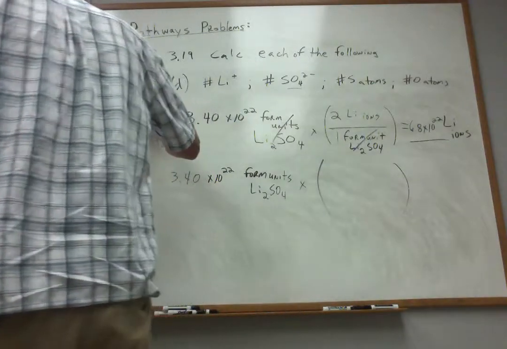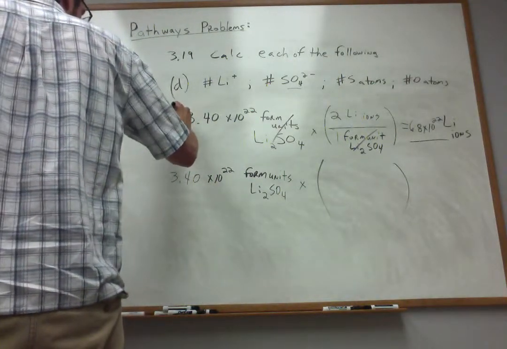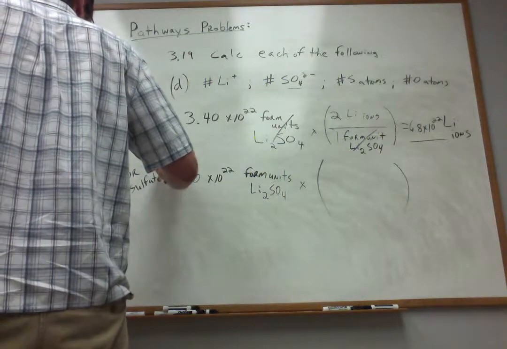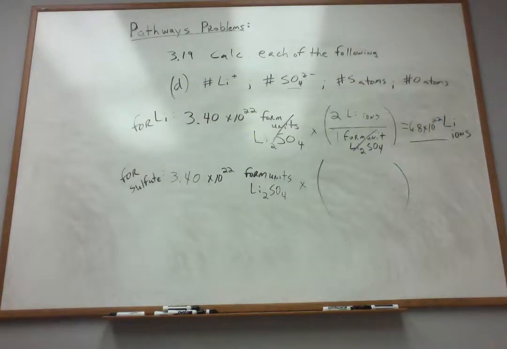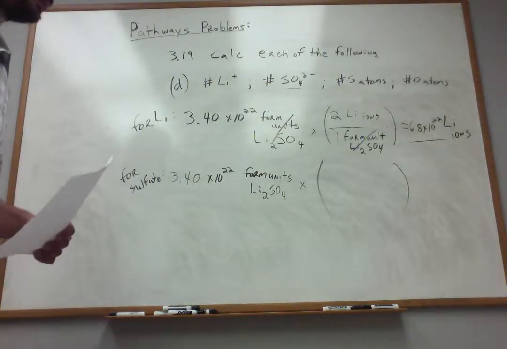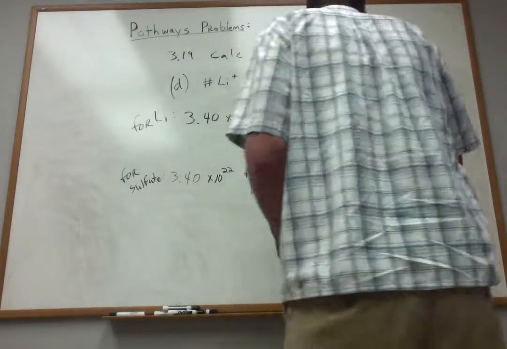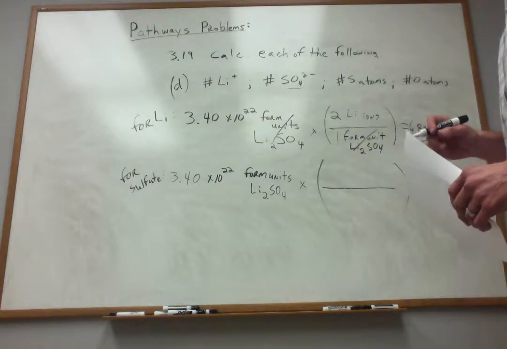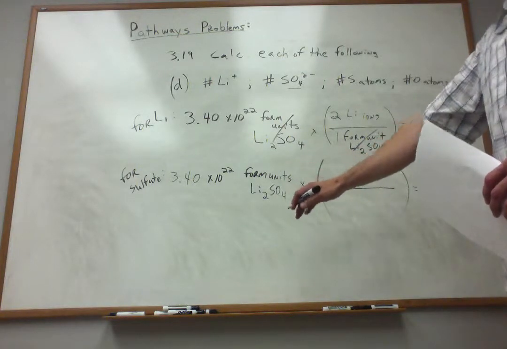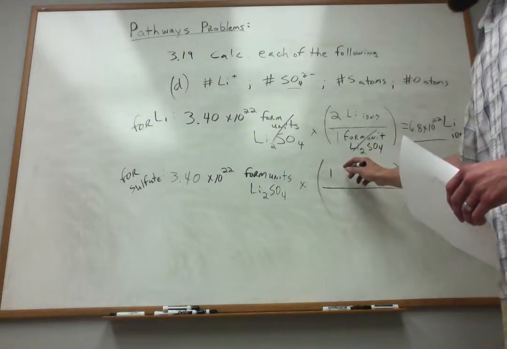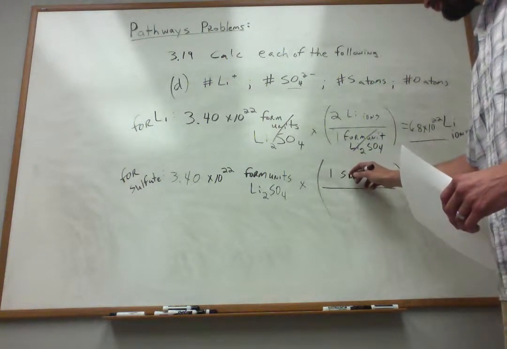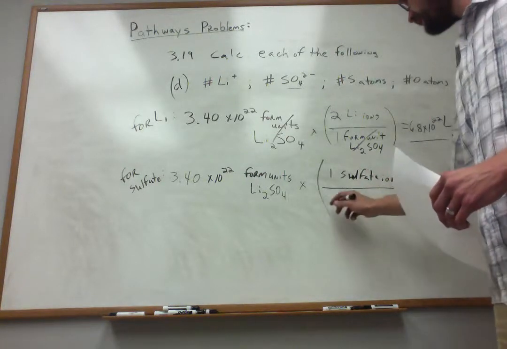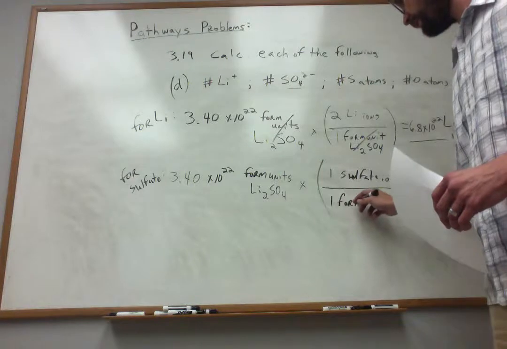So this first one again was for the Li. The second one now is going to be for the sulfate. How can we figure out how many copies of the sulfate ion we've got, okay? Well, as I look at this, I'm not too scared because I know I have that many formula units of this, and from the equation, it looks like I've got 1 sulfate ion for every 1 formula unit.